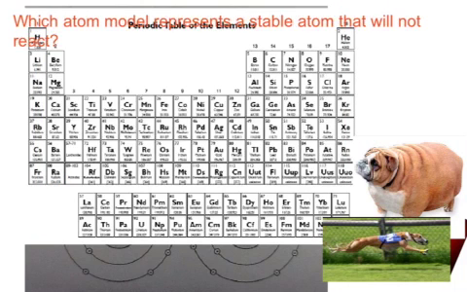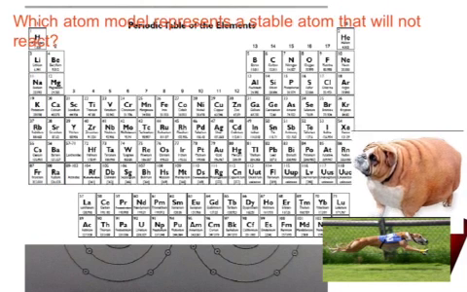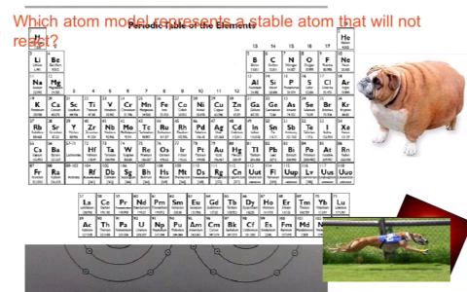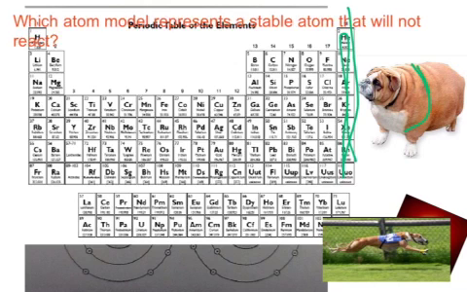So our stable group, our non-reactive group, is our fat dogs. Because remember, our fat dogs, the noble gases, they're fat. Their shell is full. Their belly is full. It's full of 8 valence electrons. Remember, they lay down to eat.